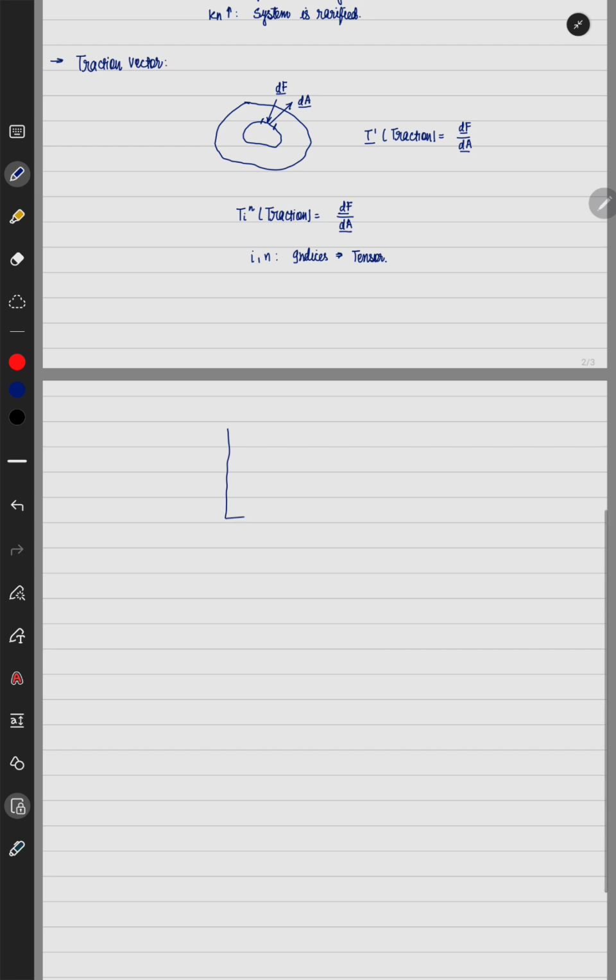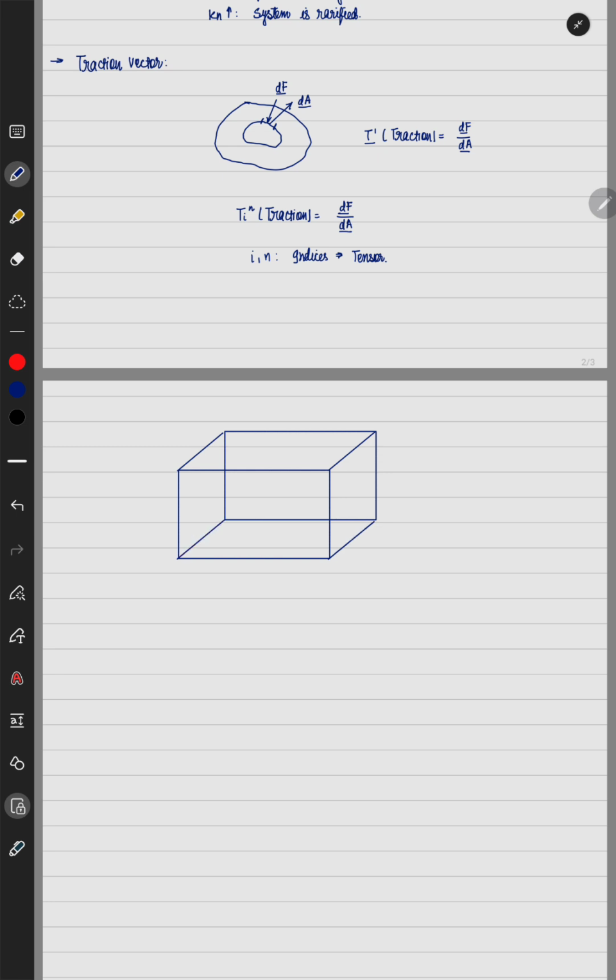Suppose I have this is the x-axis, this is the y-axis, and this is the z-axis, and this is the element that I have taken.